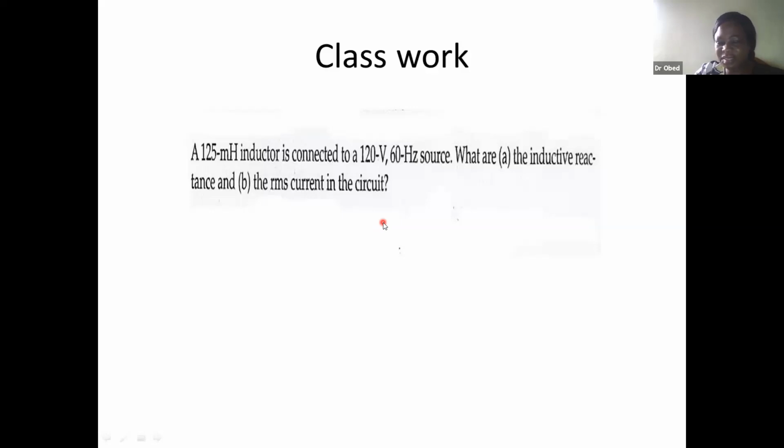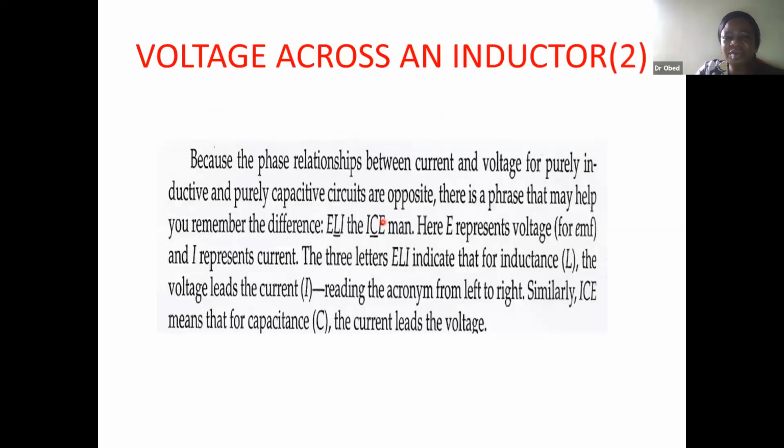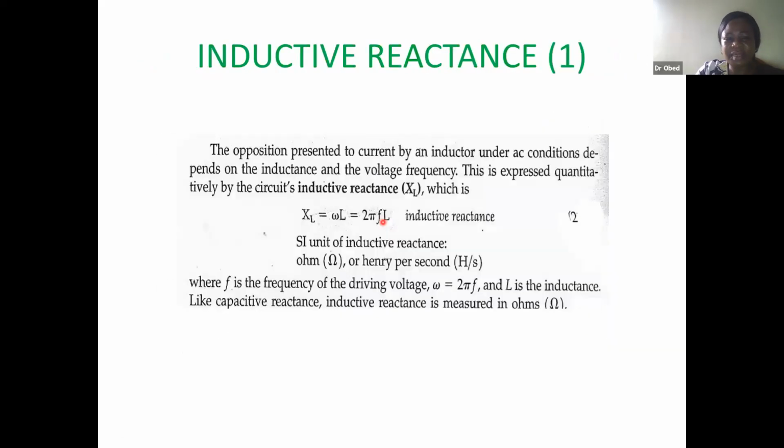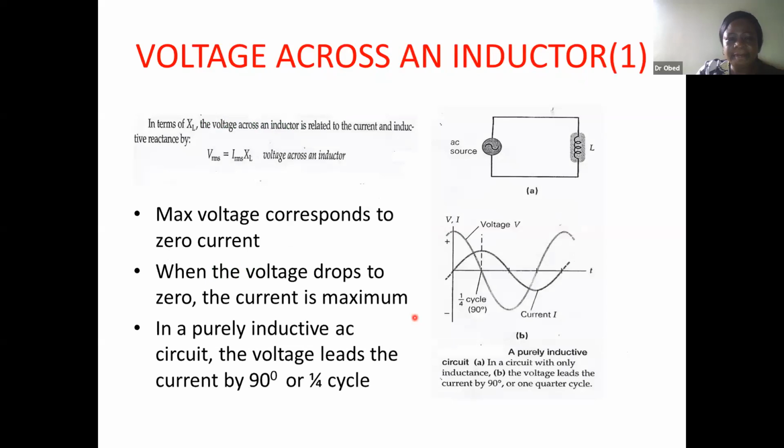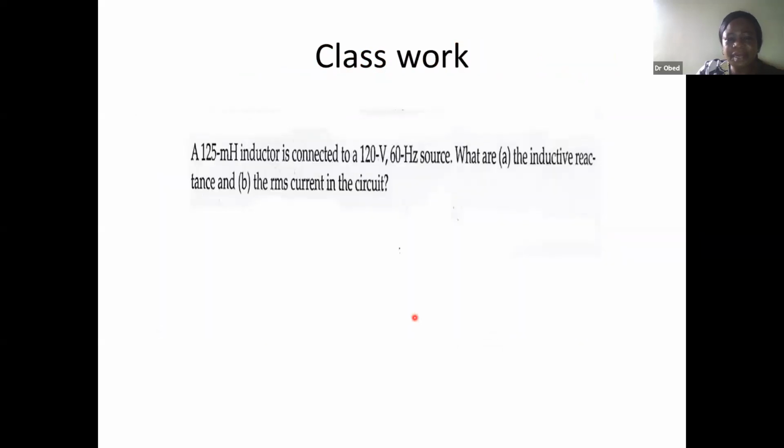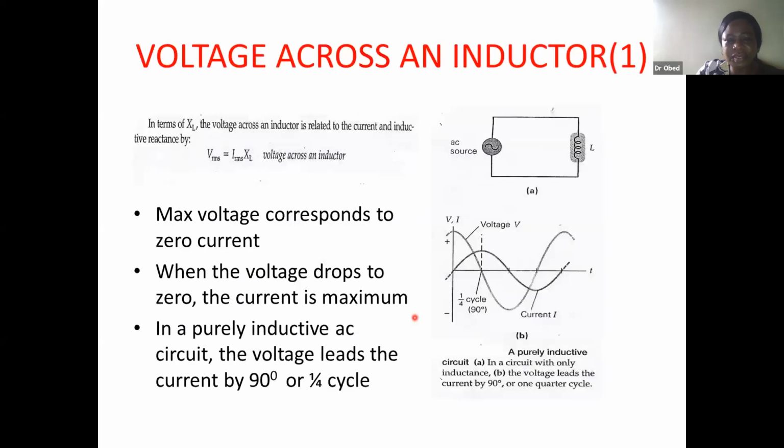So how do you calculate the inductive reactance? We go back to our equation. Use this equation to calculate the inductive reactance. And the second question, B, says the RMS current in the circuit. Which formula should you use to calculate that?